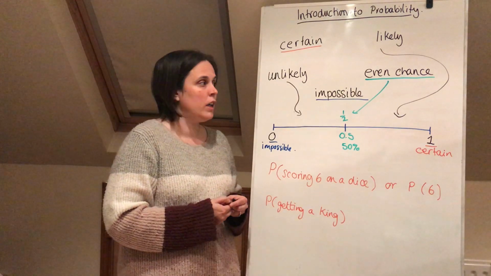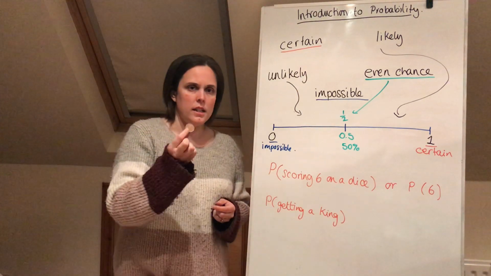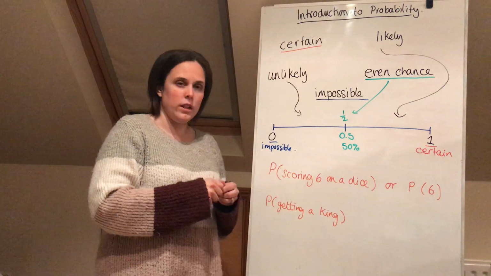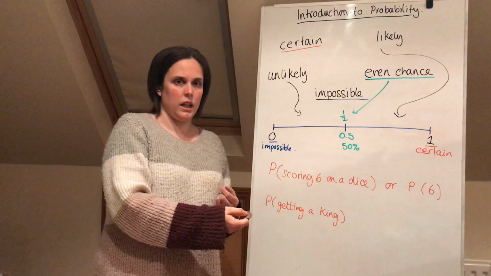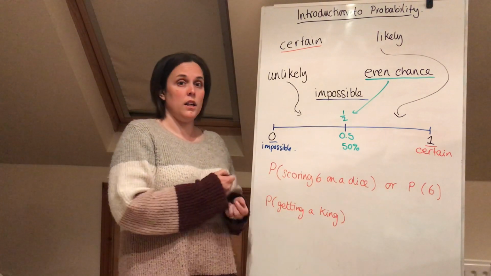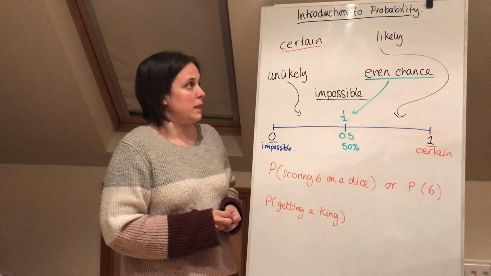It's 1/2. So even if you've got 6 heads in a row, it doesn't necessarily mean that this coin is biased, because every single time the coin doesn't remember that it had a head last time, it's just being tossed again. So every single time the chance of getting a head is the same as it was on the last attempt, and that's one of the common misconceptions with probability.